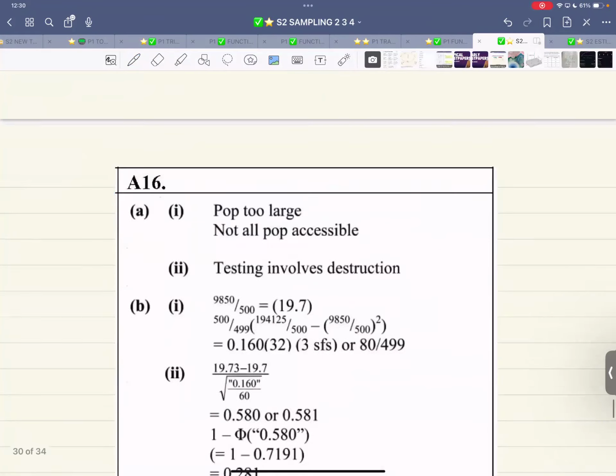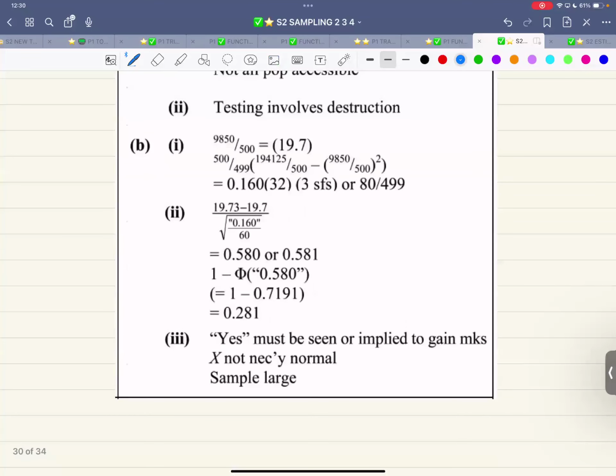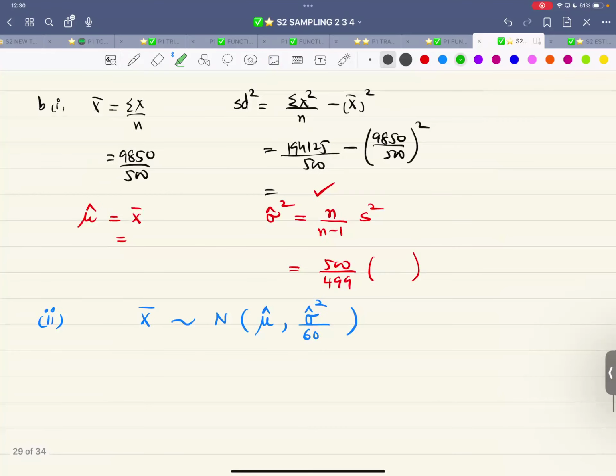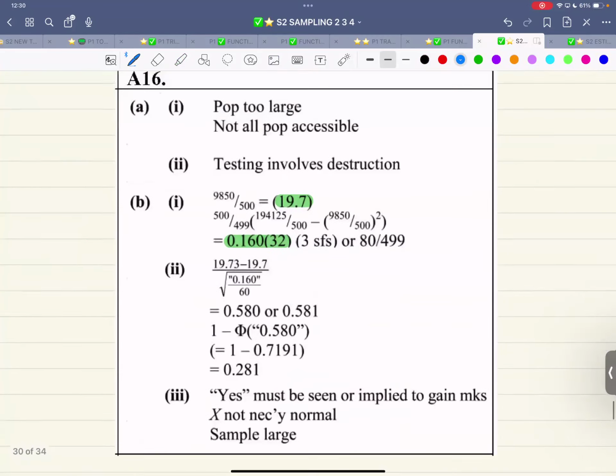Now this thing over here, 19.7, that is the answer for the unbiased estimate of the mean, the sample mean. And this thing is coming out to be 0.16032. So this is 19.7. And this is 0.16032. That is the sample variance.